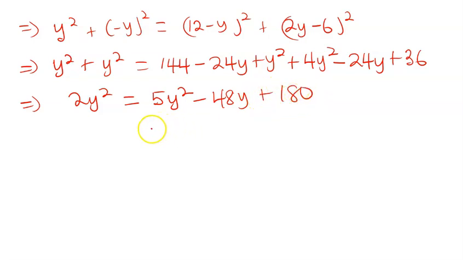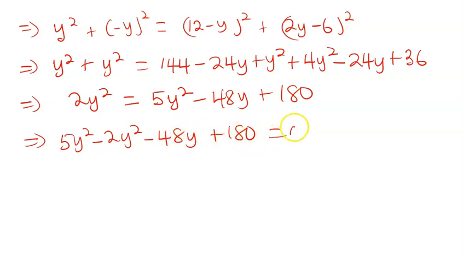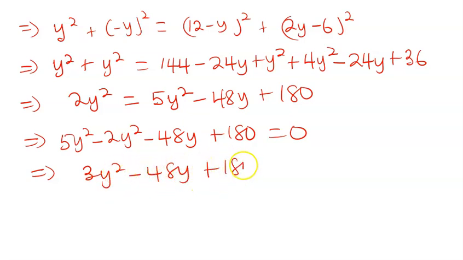So we can group them. Let's bring all of them to this side, so that we have 5y squared minus 2y squared minus 48y plus 180 is equal to 0. So we have 3y squared minus 48y plus 180 is equal to 0.